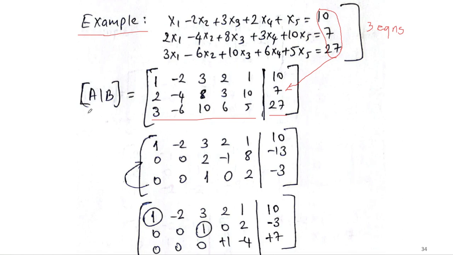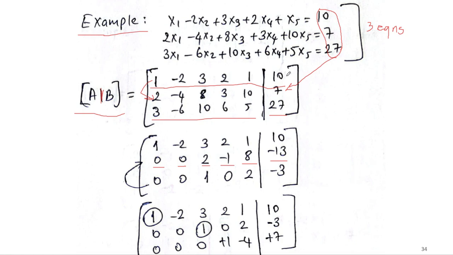Once we write down our augmented matrix A given the right-hand side of these equations as B, now we start to do our row operations. We can multiply the first row by minus 2 and then add to the second row. That will make this 0, 0, 2, minus 1, 8, and minus 13.